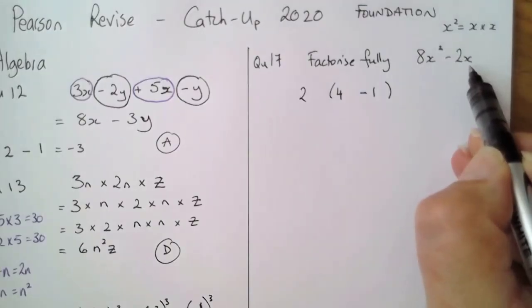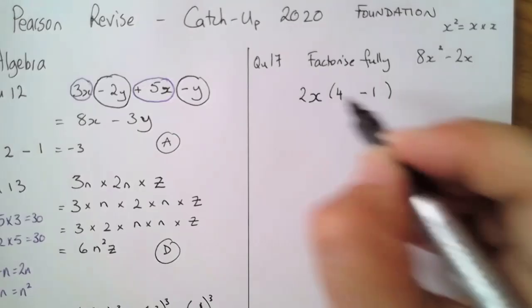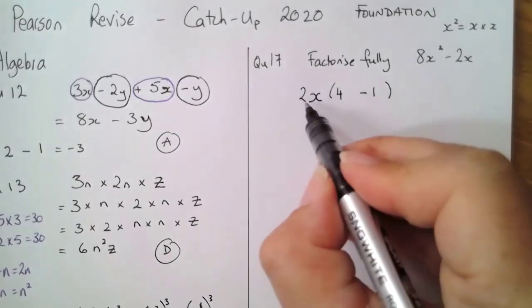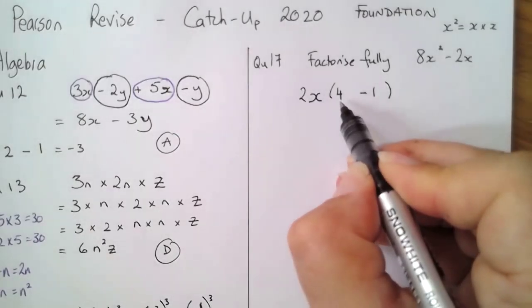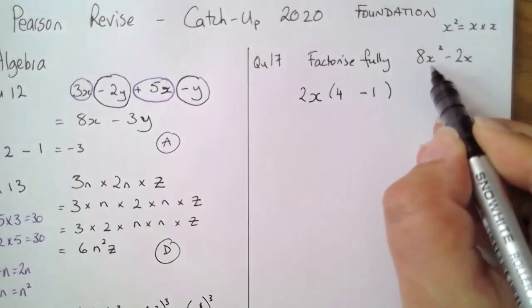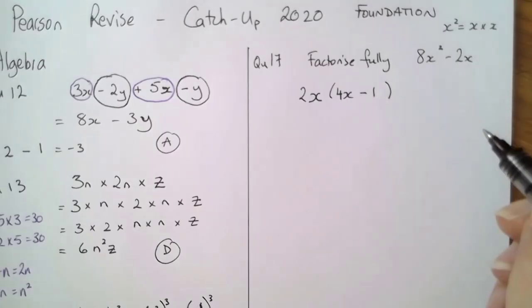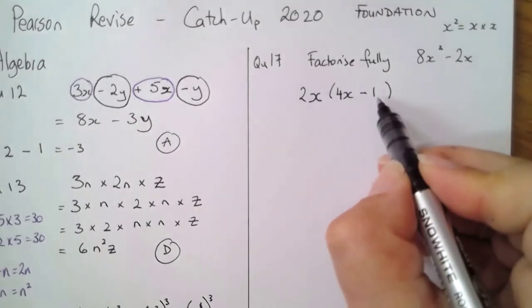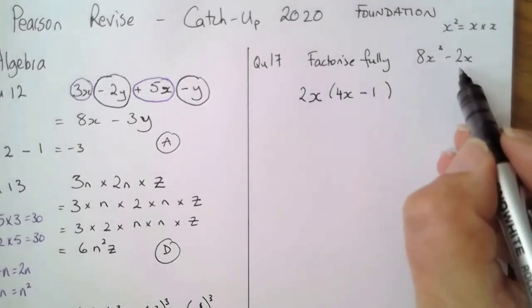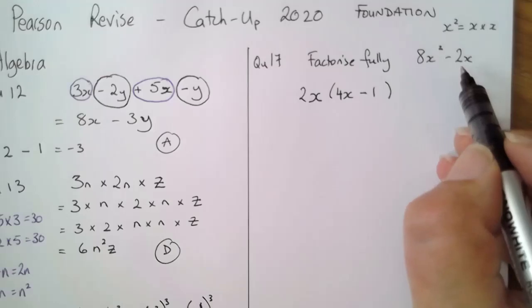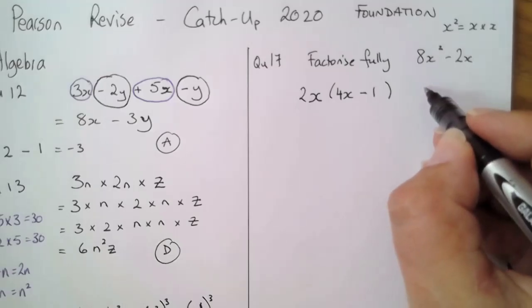We've got an x here as well, so I can take x as a factor at the front. 2x multiplied by 4 doesn't quite make 8x squared, so we've got 8, but we have to put another x here. 2x multiplied by negative 1 gets us to that negative 2x. This is B.